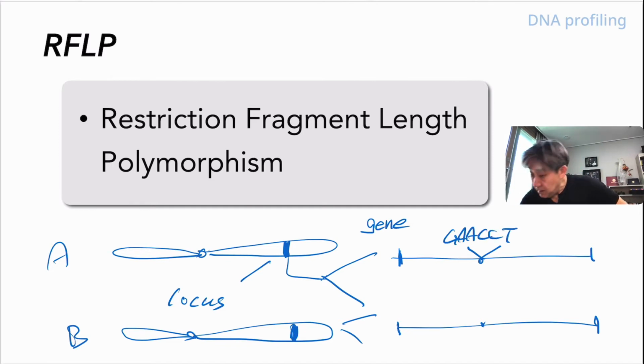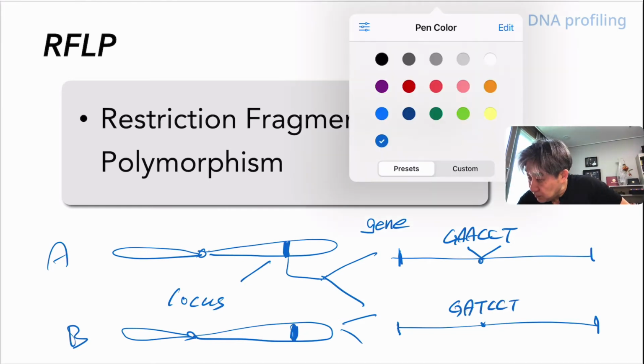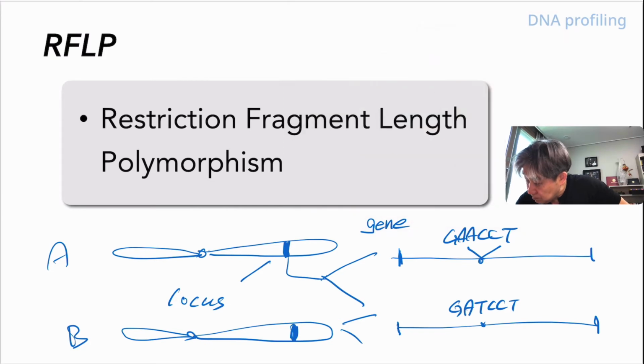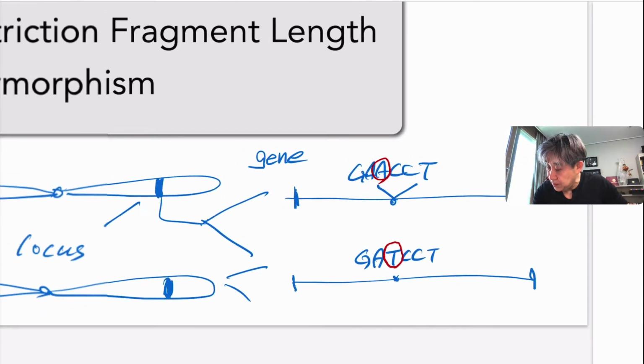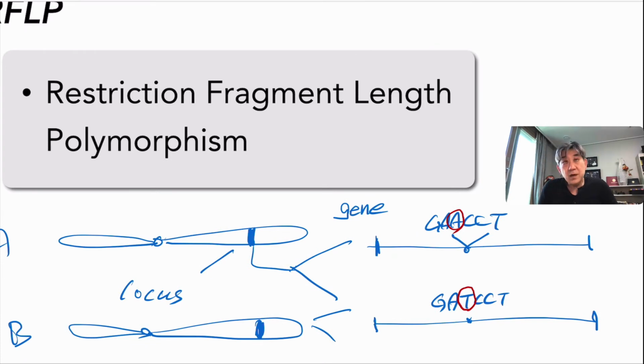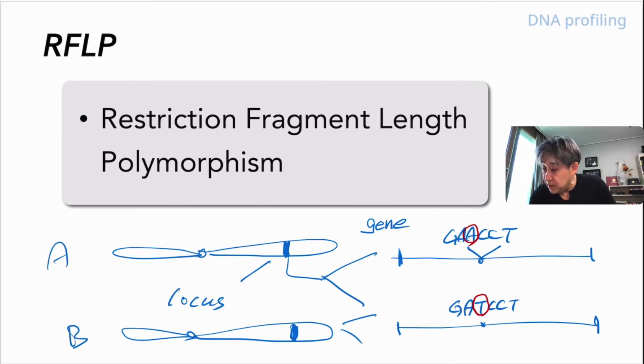Okay. However, this person B, this DNA sequence has been mutated into GATCCT. Okay. So we are talking about just one DNA nucleotide difference. Okay. This is a kind of a basis for DNA sequence variation, right?